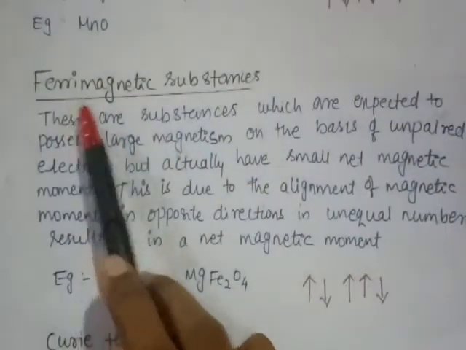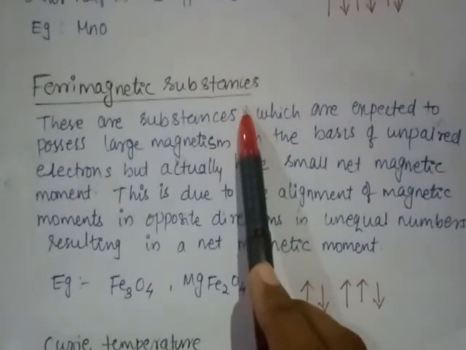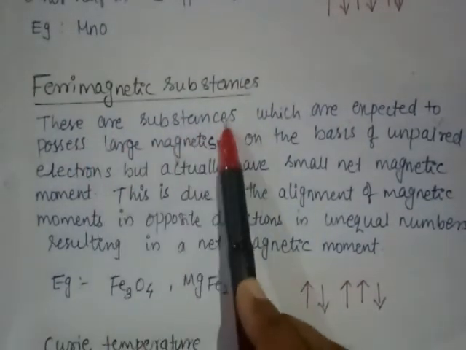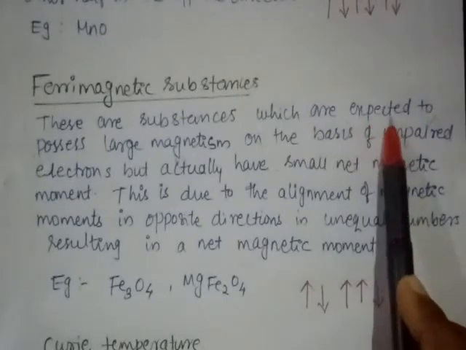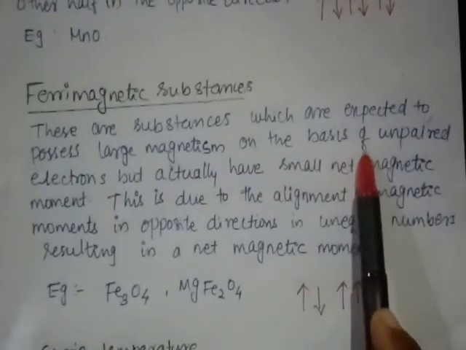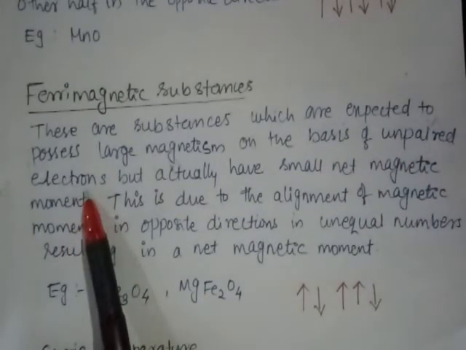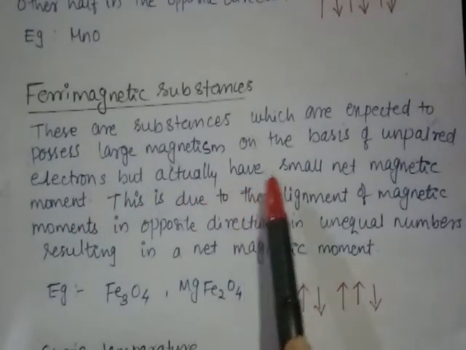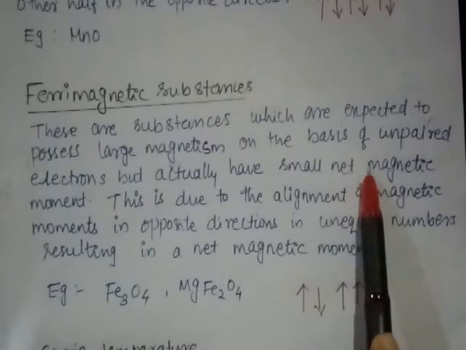The next one is ferrimagnetic substance. It means these substances which are expected to possess large magnetism on the basis of unpaired electrons, but actually have small net magnetism.